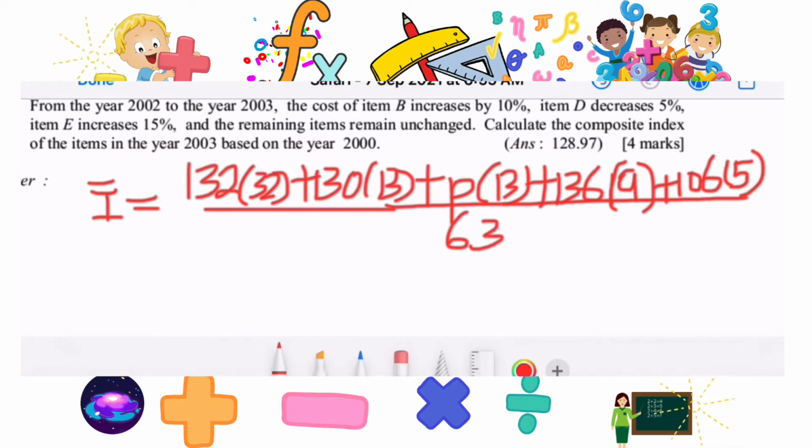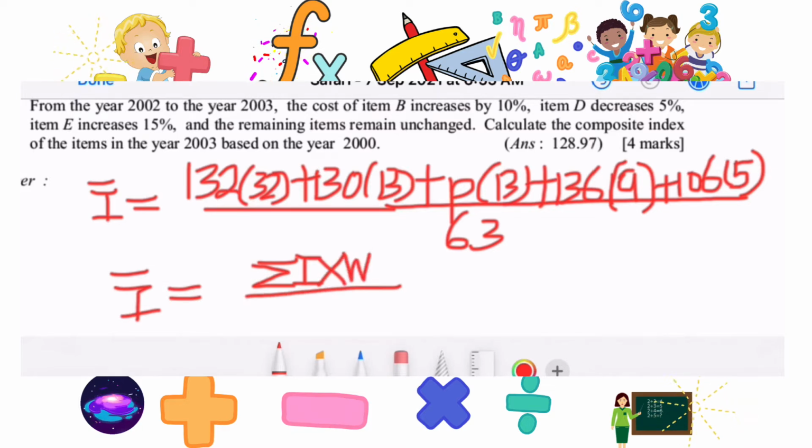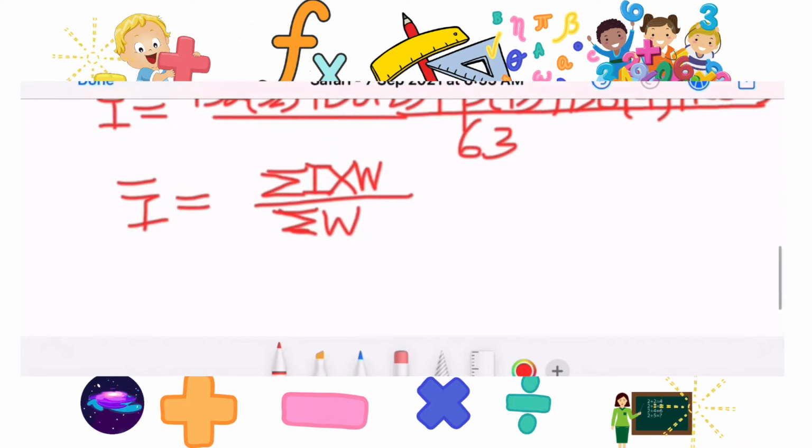That is how you find the composite index. It is the sum of the index number or price index times the weightage for each of the items, over the total weightage. This is the formula that we use.